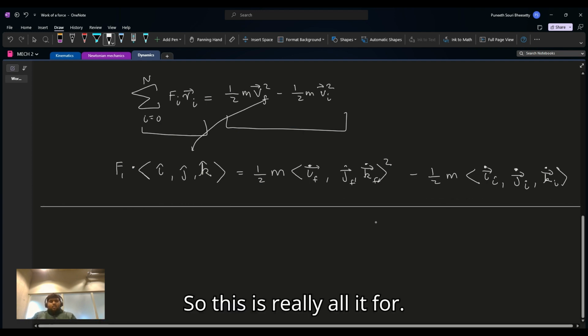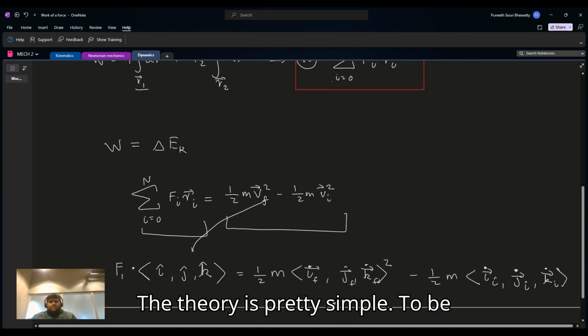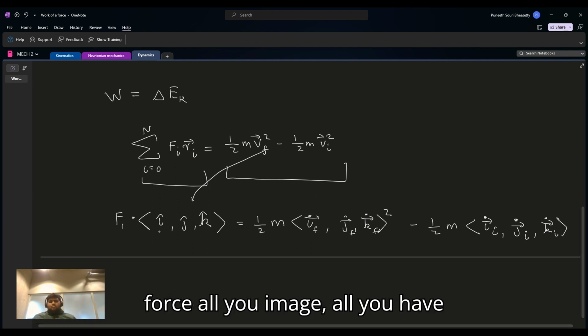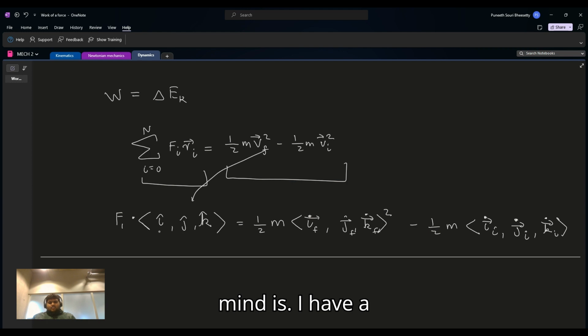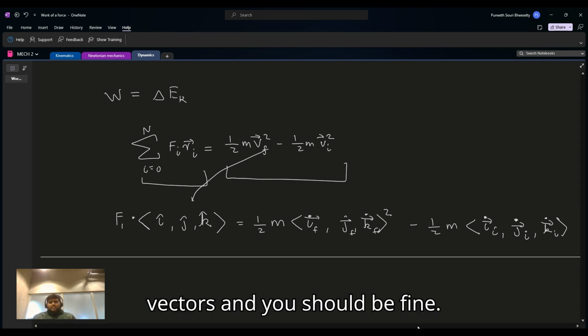So this is really all there is to it. The theory is pretty simple for converting from work to force. All you have to keep in mind is to have a really good understanding of working with vectors, and you should be fine.